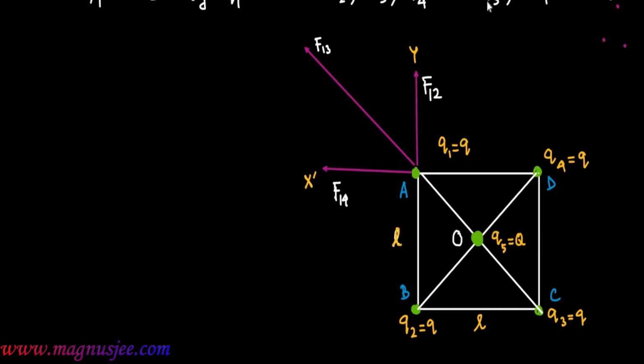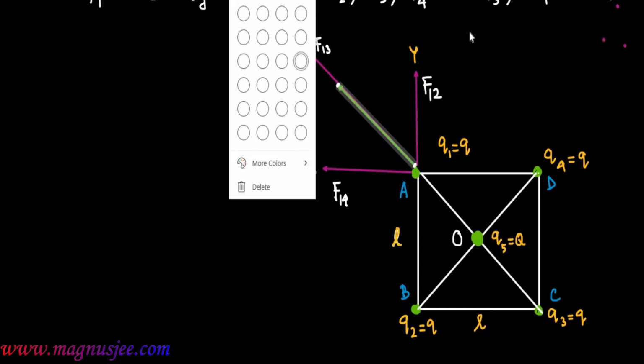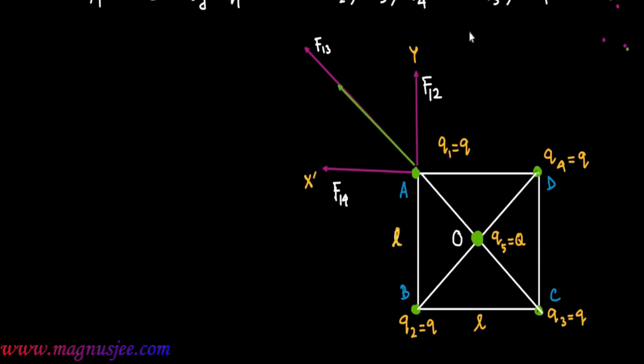Similarly, we can denote the direction along which the other force, F15, will act. This is the direction along which the force experienced by Q1 due to the charge Q5, that is F15, will act.